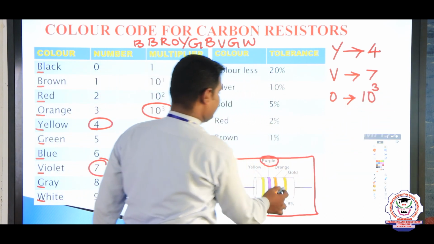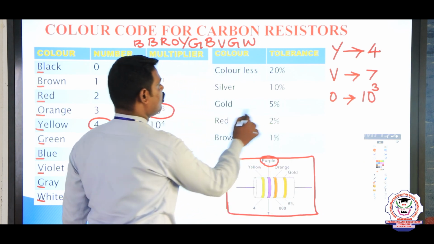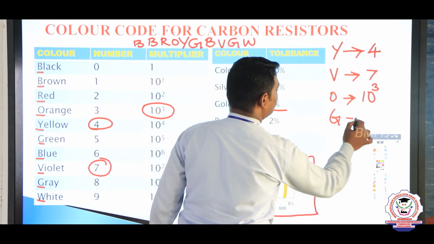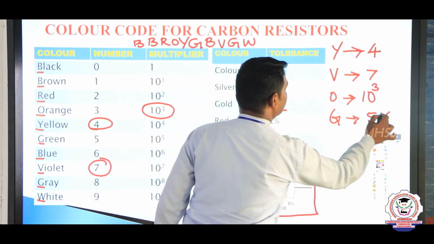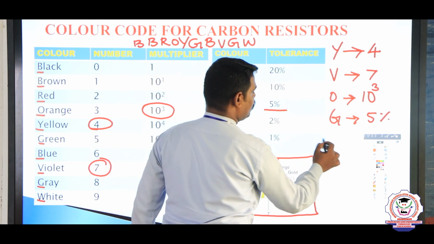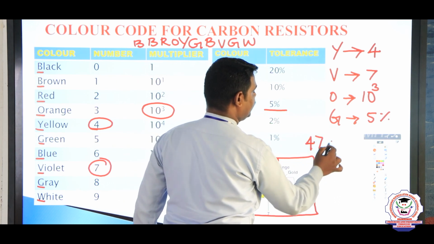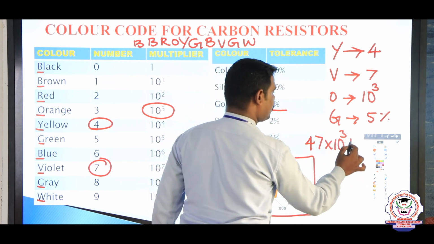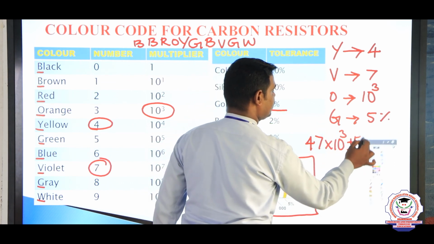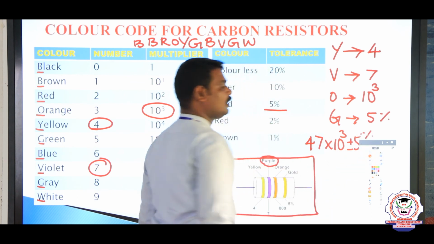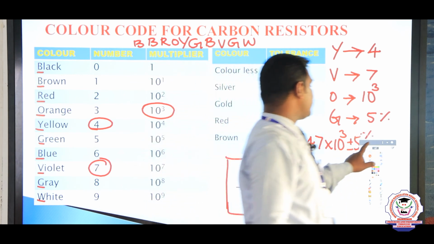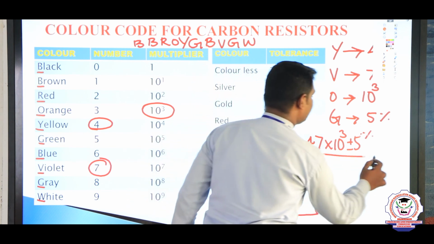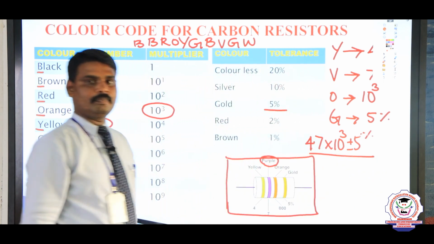And the last one is gold, which is 5%. So the value is 47 into 10 to the power 3, plus or minus 5%, right? By using this, we can easily find the resistance value.